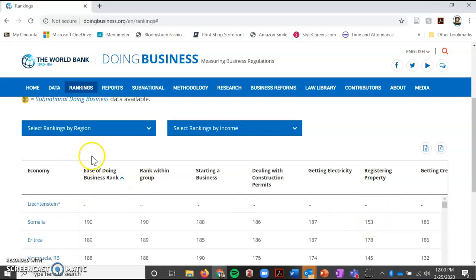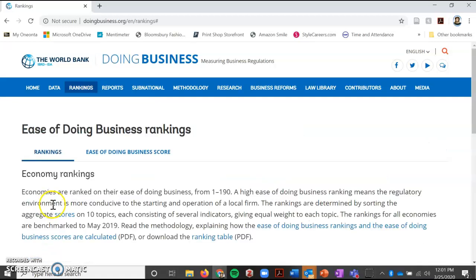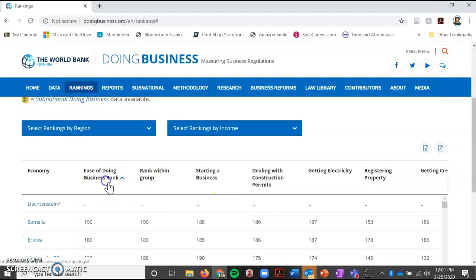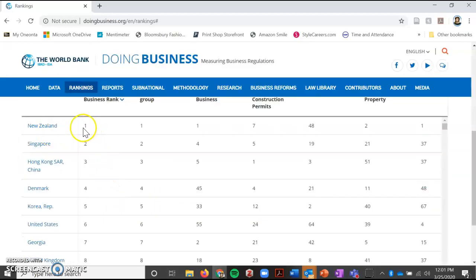I'll remind you that this report is ranking all of these countries out of 190. So these are the lowest. So if you see a really high number, it means it's very difficult to do business there. On the other hand, if we click here, we can see that New Zealand is very easy to do business. So for example, they are listed number 1 overall.